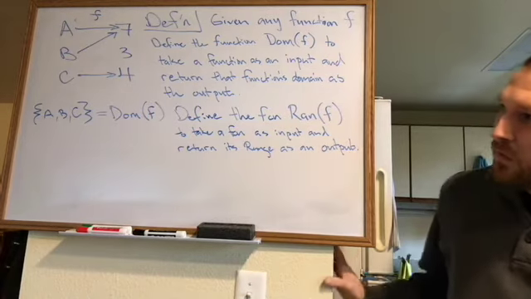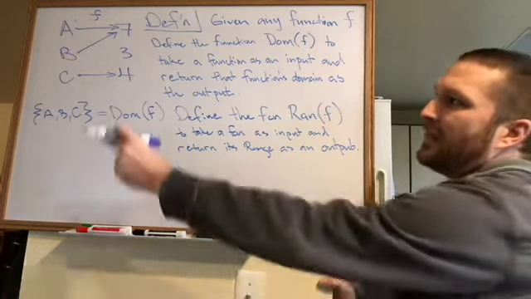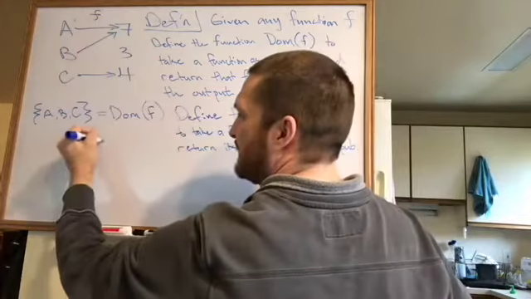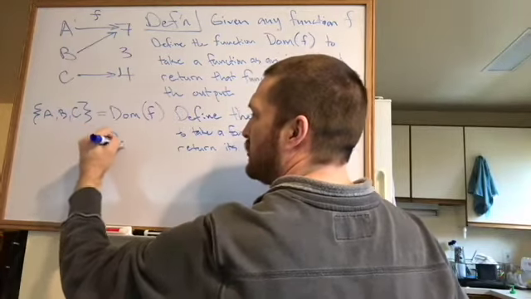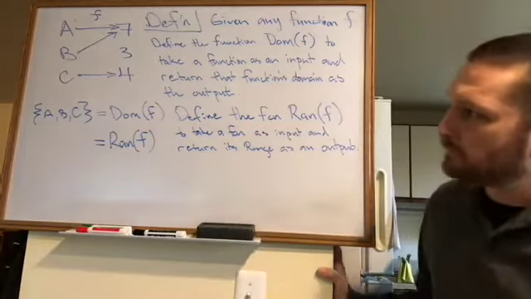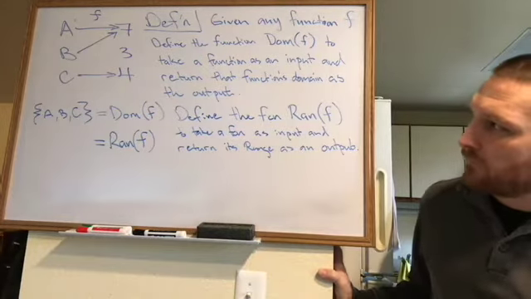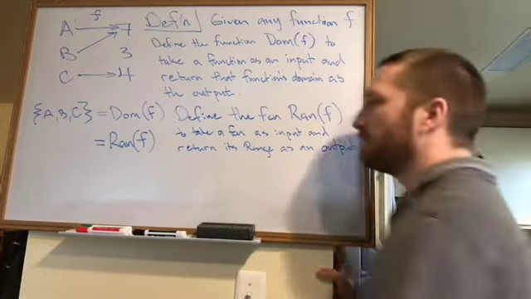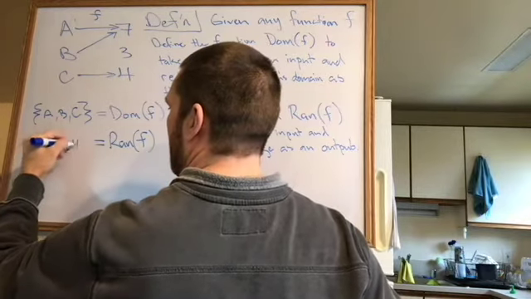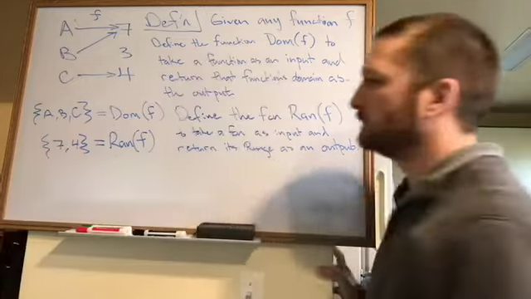So given this function f as defined, you tell me, what is ran f? 7 and 4. The set of the outputs, 7 and 4.